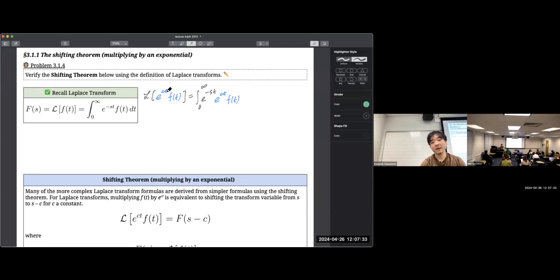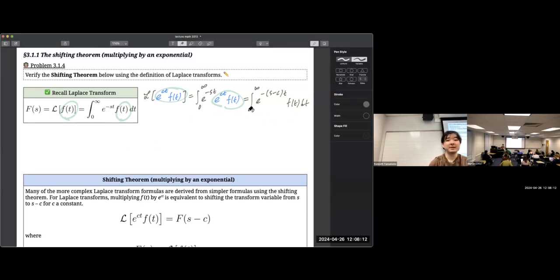But there's always the e^(-st) that gets multiplied when you take the Laplace transform. Using what you know about exponentials, this is the same as e^(-(s-c)t). I'm just combining these two exponentials into one, and writing it this particular way because it's going to be really nice to see at this point.